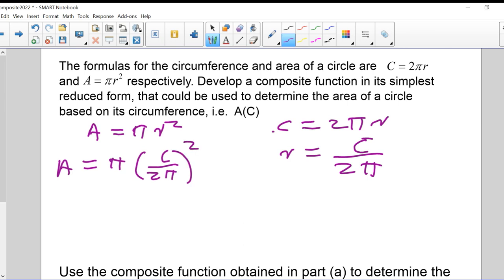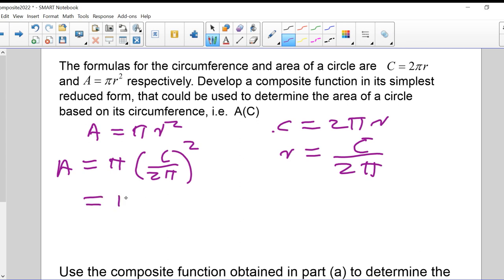See what I just did there, folks? I took out the r that was in the area function and replaced it with something which relates to the circumference.